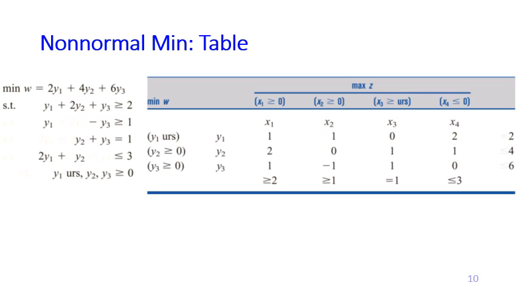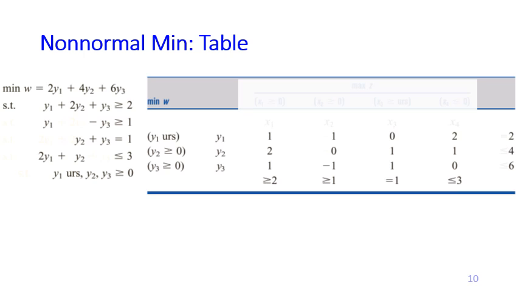We are using this table again, and then I will cover the maximization part because it is related to the dual. Because our primal problem is a minimization case, we will fill this table by columns.